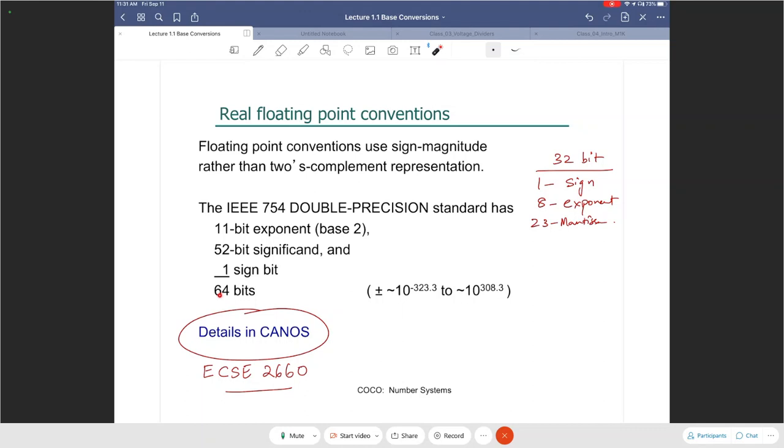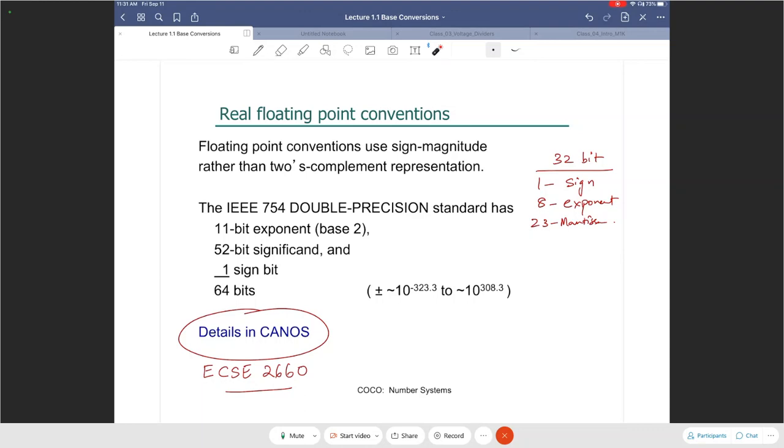In this case, 1 bit is for sign, we only need 1, 52 bits for significand, and 11 bits for exponent. This is just to demonstrate that precision can be increased by increasing the number of bits, and you can use that for a very big range, representing numbers that are extremely small to extremely large.